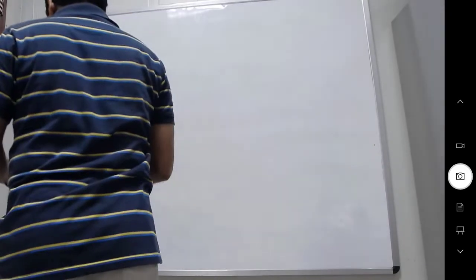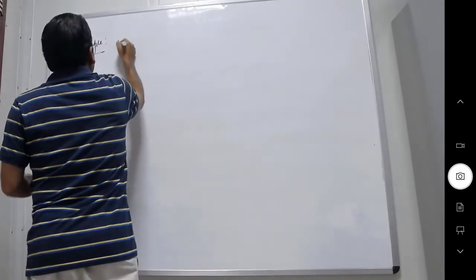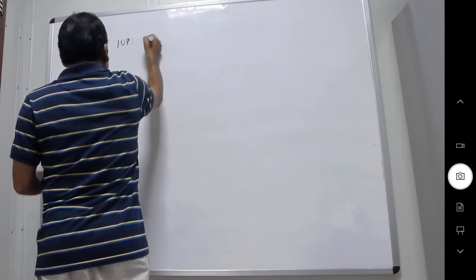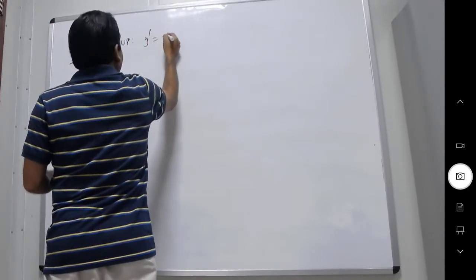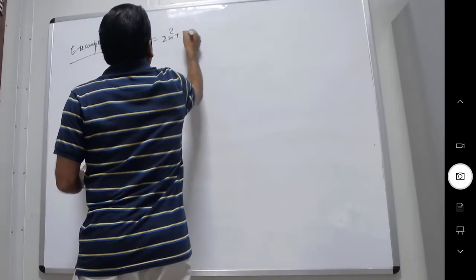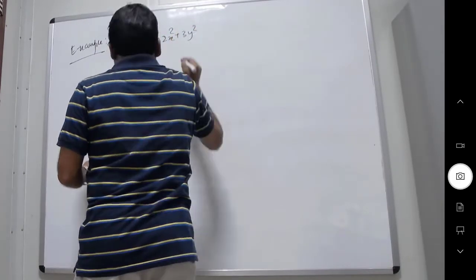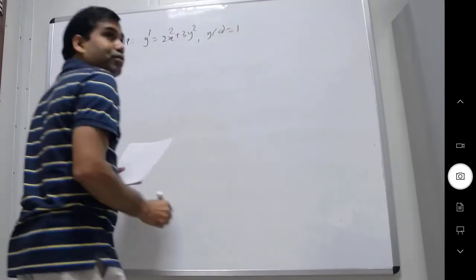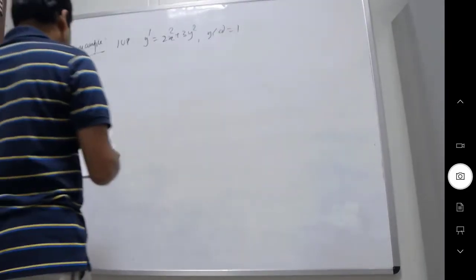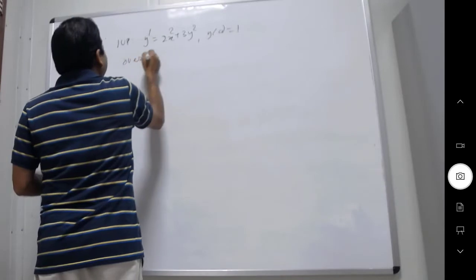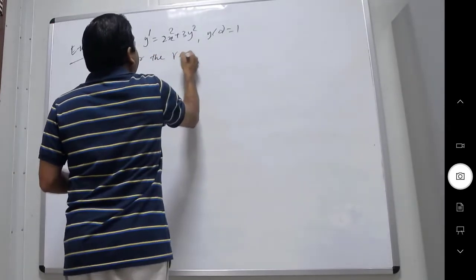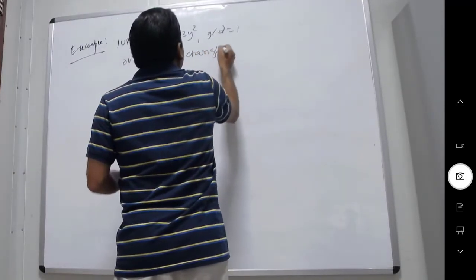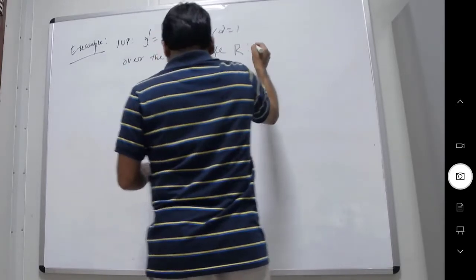So next, what is your IVP? Where the IVP is y dash is equal to 2x square plus 3y square, y of 0 equal to 1, over the rectangle. So what is the rectangle?